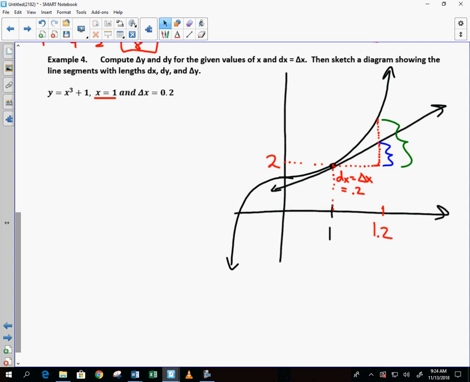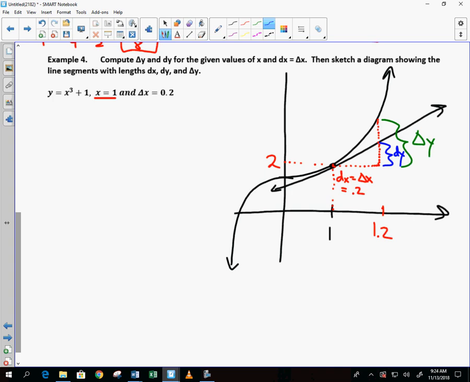Is the green delta y or dy? Delta y. Delta y refers to the actual change in the function, whereas dy refers to the change along the tangent line. We draw it to the line tangent. Is everybody okay with the pictures that I drew?